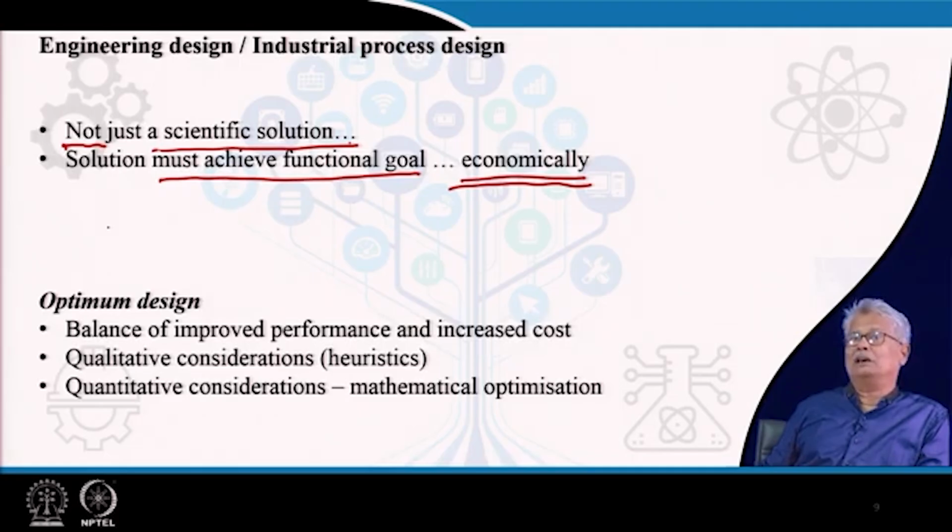Yes, we can improve the performance even more by investing more, but by increasing the cost, but there has to be a balance. Now, in order to obtain the optimum design, it is essential for us that we achieve it quickly. Quite often there are quite a few thumb rules or heuristics. These are basically the qualitative considerations.